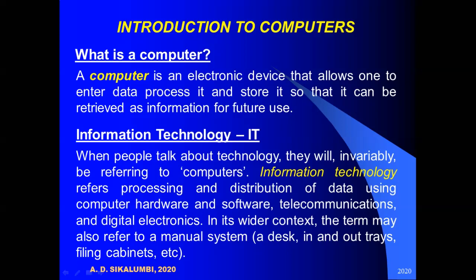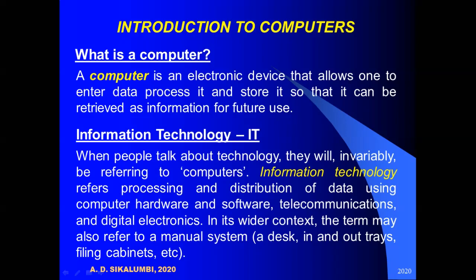Then we have telecommunications, which is in charge of sending and receiving information. In digital electronics, we're talking about different gadgets used to enhance the performance of the computer and of certain activities. You need other digital electronic devices.